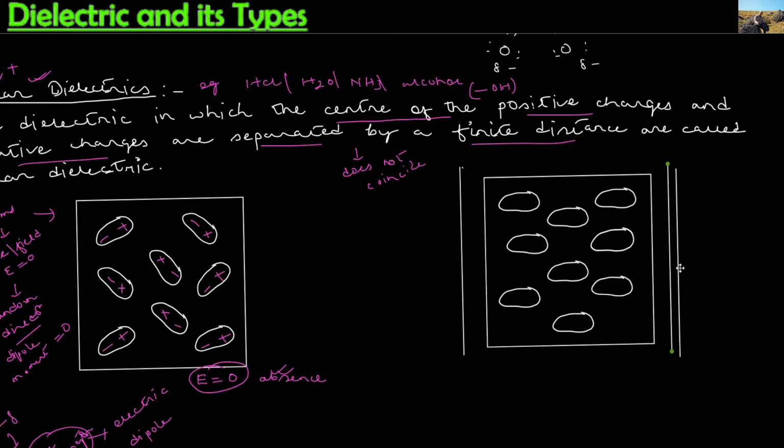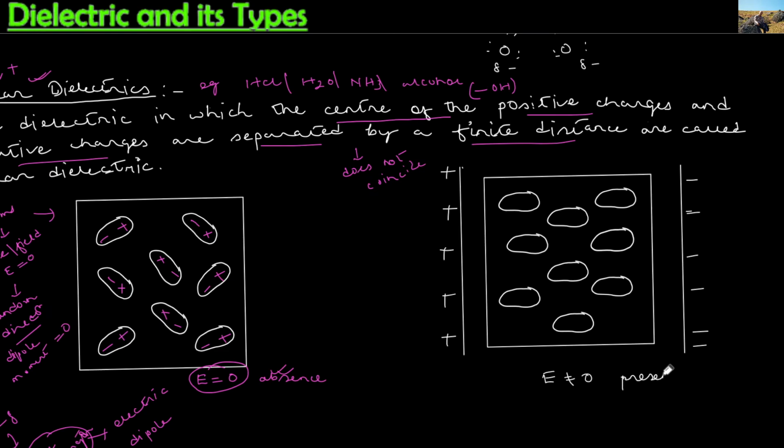If this plate of the capacitor is positive and this plate is negative, then the electric field is not 0, which means this takes place in the presence of an electric field. In the presence of an electric field, all these dipoles will align along the field direction.